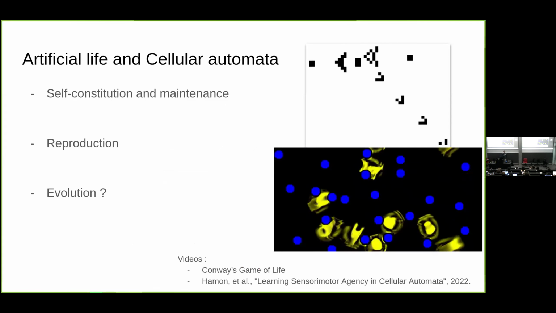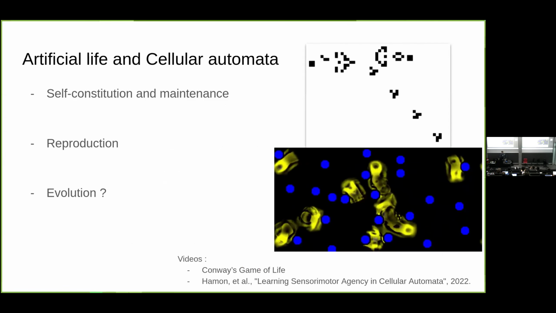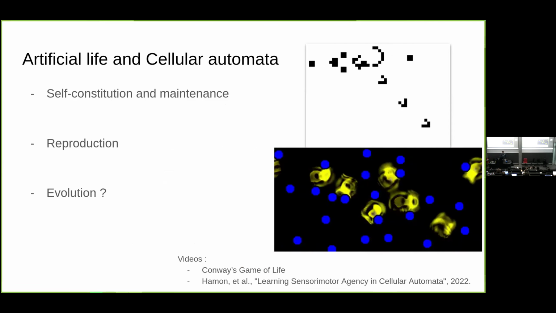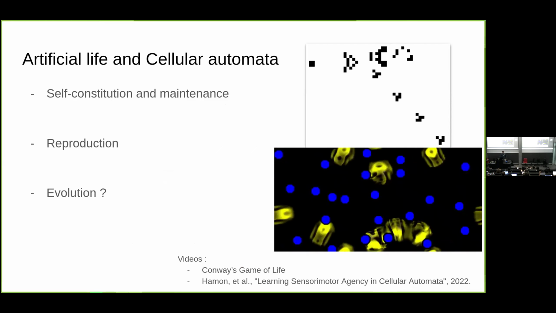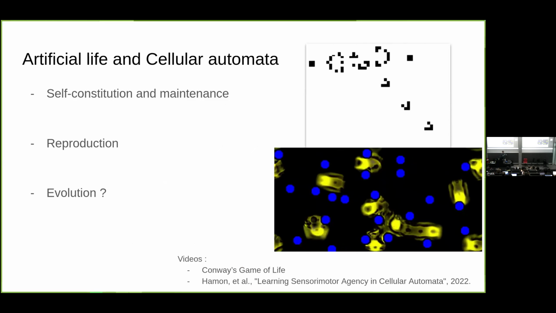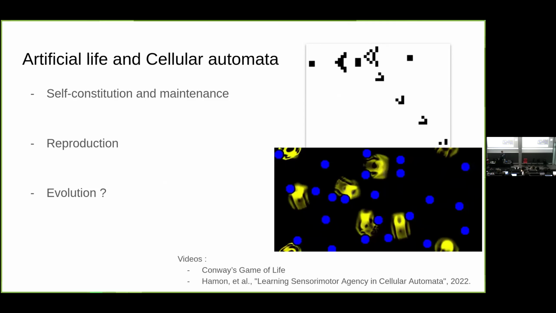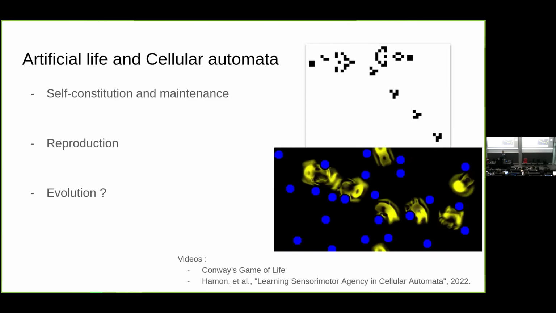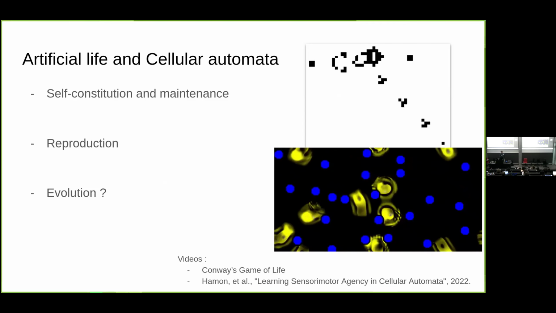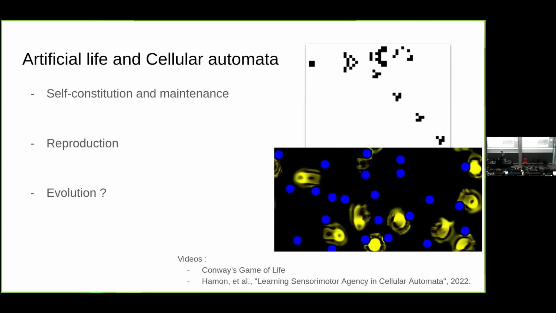So cellular automata are a very nice type of system to use to explore the origin of life. We have been able to see a lot of different behavior and capacity emerge from a wide variety of cellular automata.